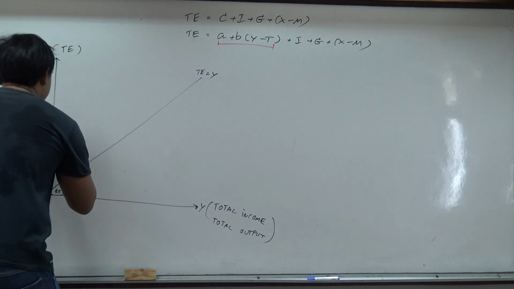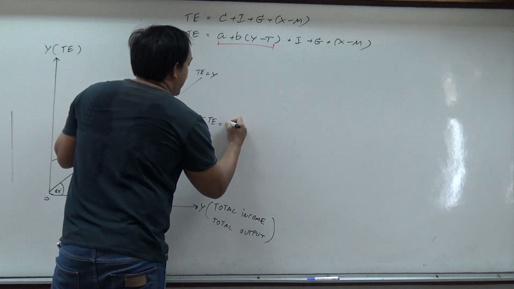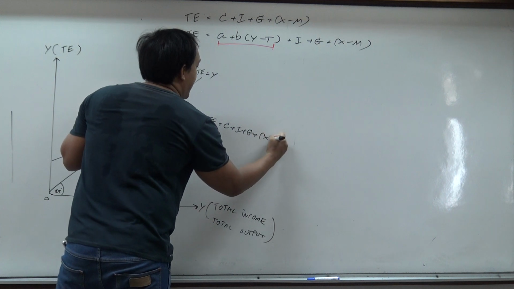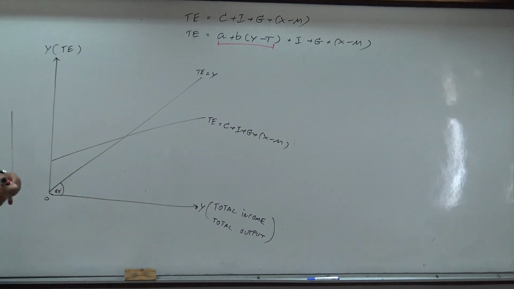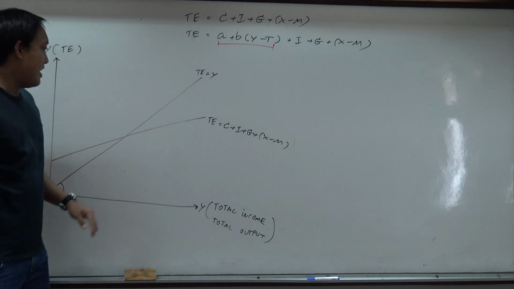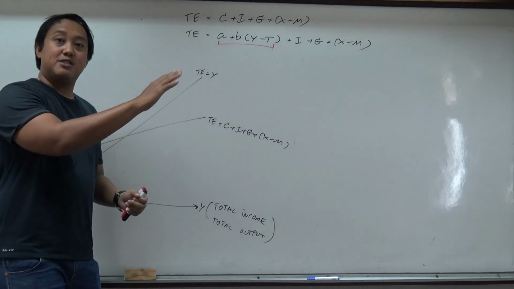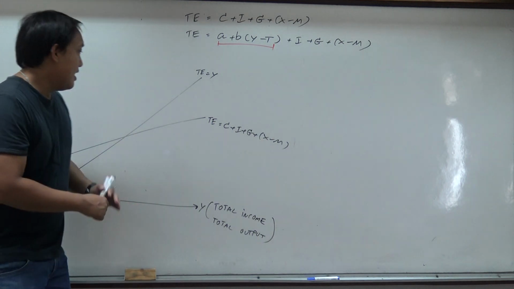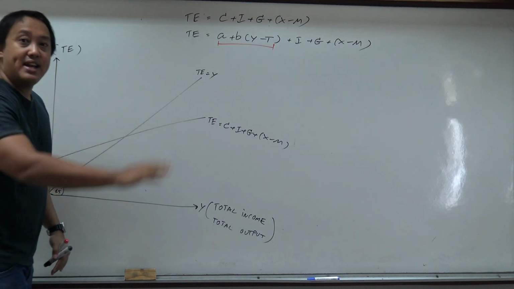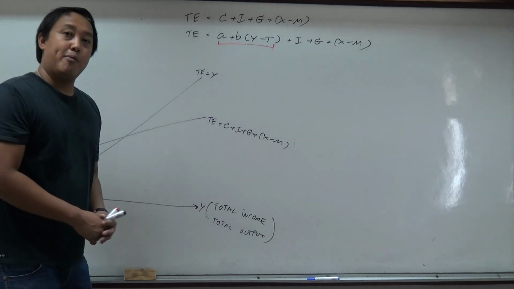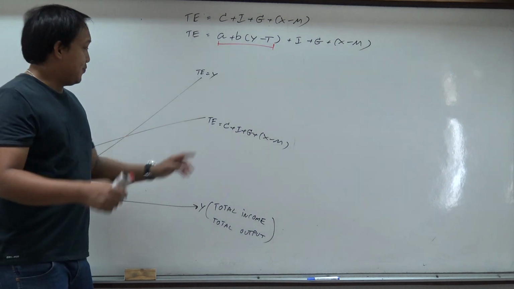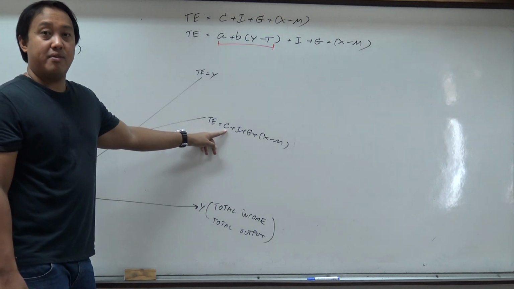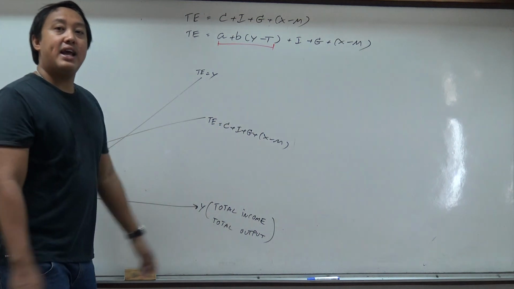This is total expenditure, which comes from C plus I plus G plus X minus M. It always looks like consumption, starting from point A and going up like this, because the more income you have, the more money you're going to spend on consumption, plus investment, government spending, export and import.